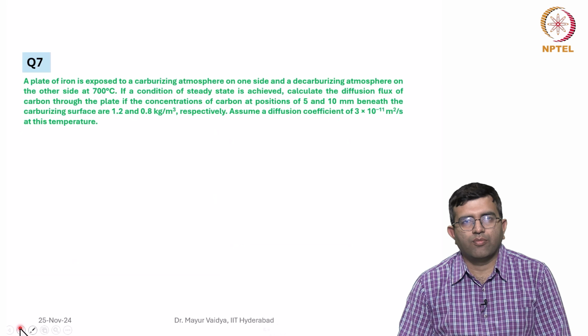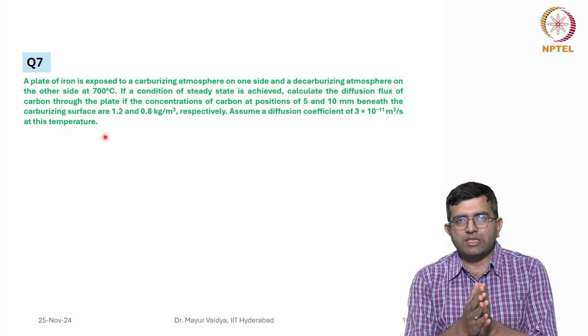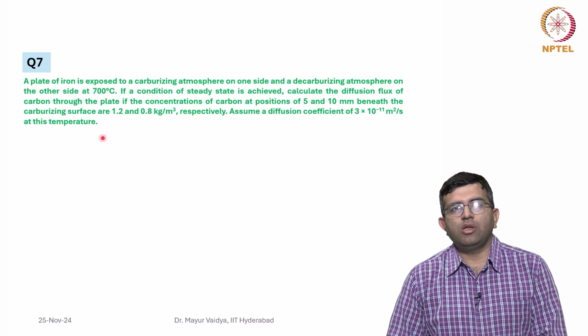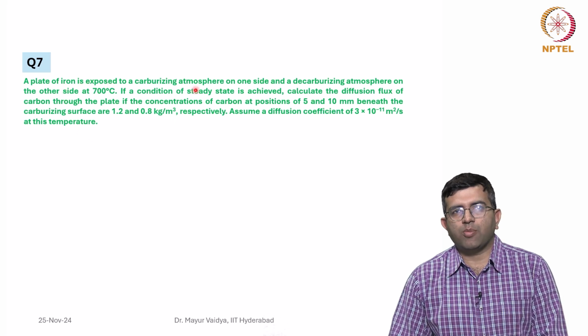Now, the 7th question looks like a carburization question, but actually it is not. The question is, a plate of iron is exposed to a carburizing atmosphere on one side and a decarburizing atmosphere on the other side at 700 degree centigrade.